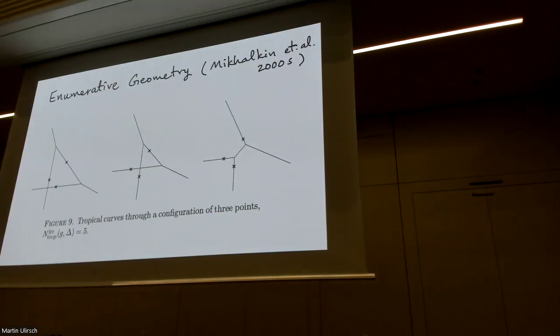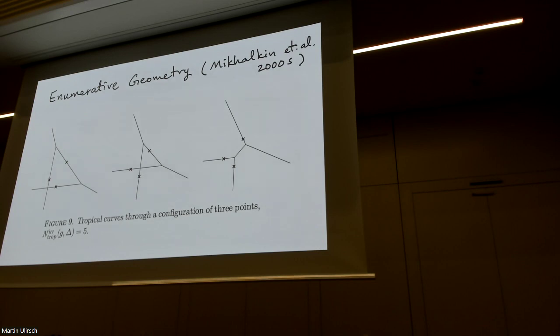Another motivation came 20 years later, in the 2000s. Mikhalkin had what he called the correspondence theorem. In enumerative geometry, people want to count the algebraic curves with prescribed degree and genus that go through a certain number of points in general position. The number of points is chosen so that the answer is finite.